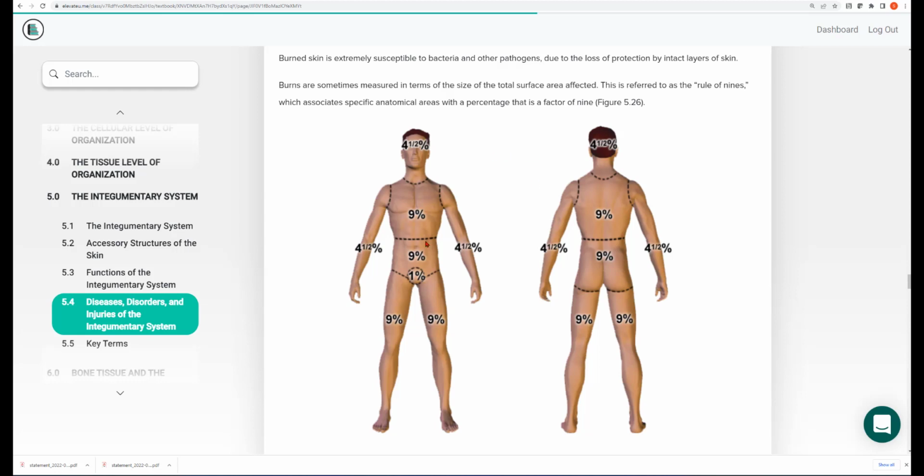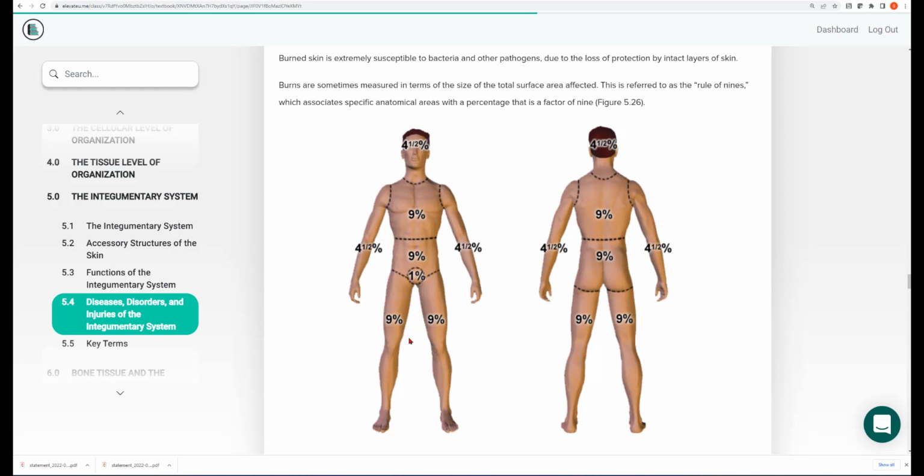So if a person has burns across their upper thoracic region, right, thoracic upper abdominal region, that's about 9%. If it's around the umbilical region, right, the lower abdominal region, that's another 9%. Both from the front, 9%, back, 9%. Abdominal pelvic region, 9%. The buttocks, another 9%.